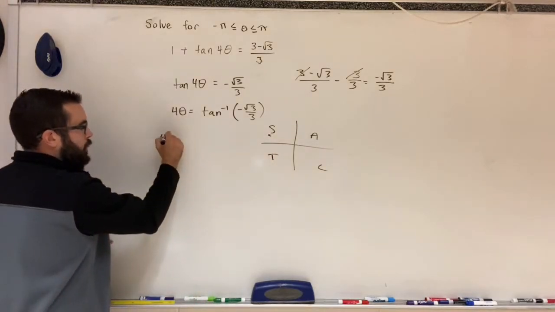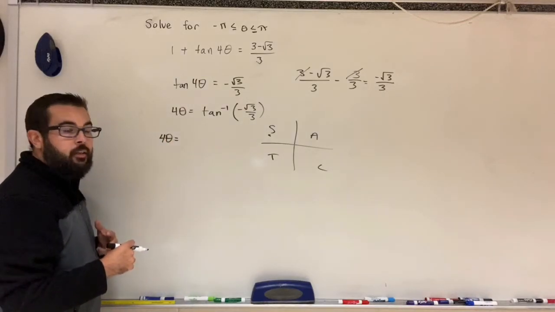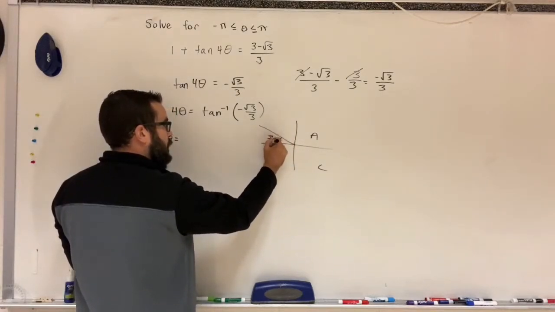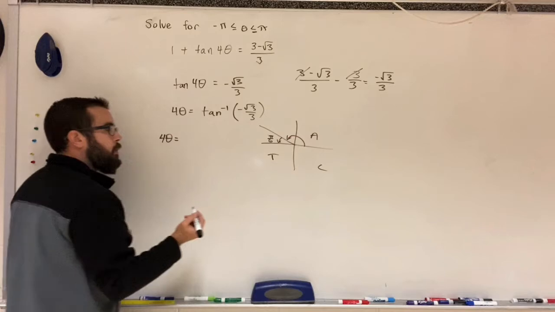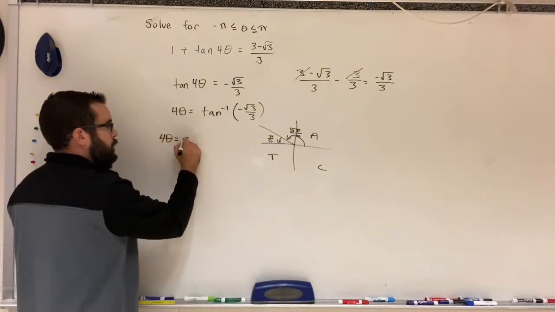So we get 4 theta is equal to, well, what's the second quadrant angle that has a reference of pi over 6? We're looking for this angle right there. So that's 5 pi over 6.